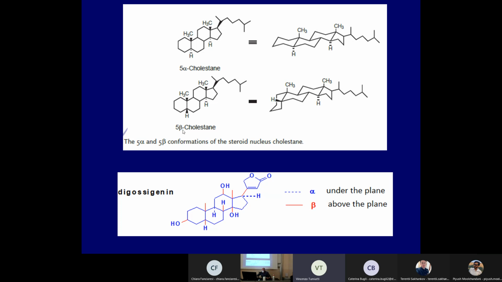If you have the 5-beta cholestan, you see the methyl group and the hydrogen are on the same part of the plane, so we have a cis fusion. In this case, the two rings are quite perpendicular. So you can appreciate the different features in space of these two geometric isomers.